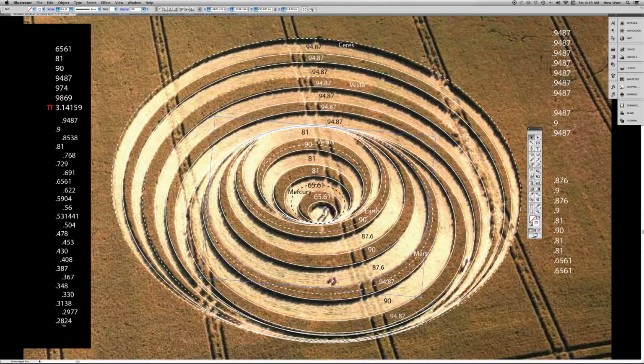And the square root of 2824 is 531441. And the cube root of 2824 is 6561. So you go 6561, 430, 2824.